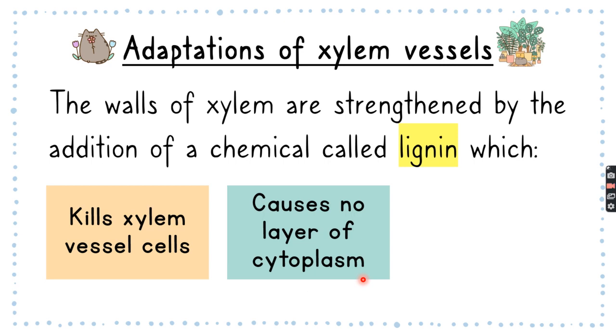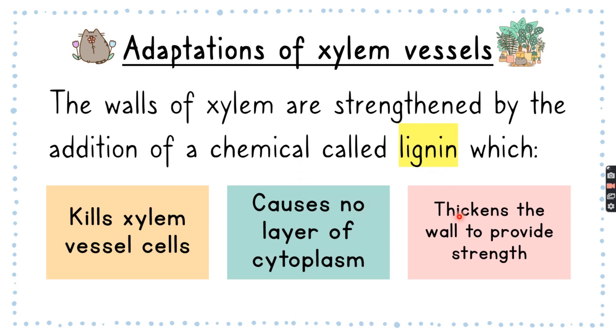For example, if you have a pipe that carries water, you don't want any gunk in between, otherwise the water will not flow very smoothly. So this lignin actually kills the cells that stack up to make the xylem vessels, so that there is no layer of cytoplasm. And lignin also helps to thicken the walls to provide more strength.